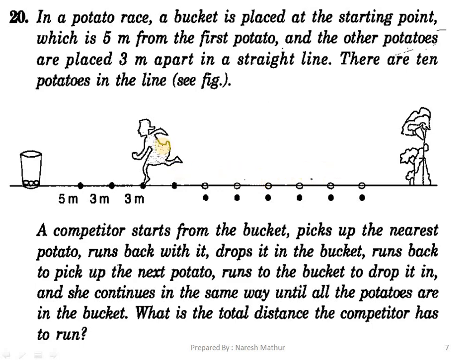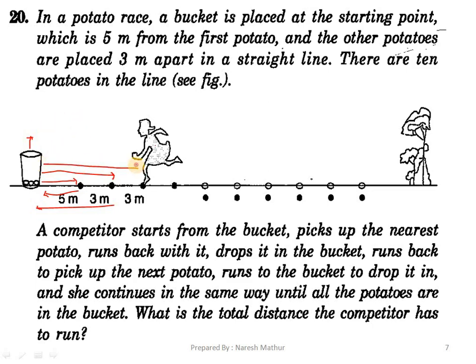Now a competitor has to start from the bucket. This is the starting point. She needs to go from the bucket, pick this potato, go back and put the potato in the bucket. For the second one, she needs to go again, pick that potato and come back and put the potato in the bucket.